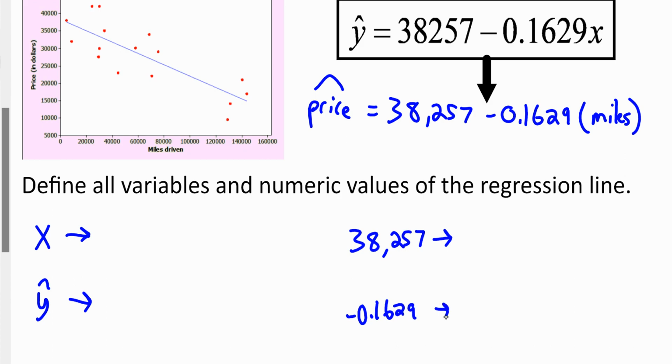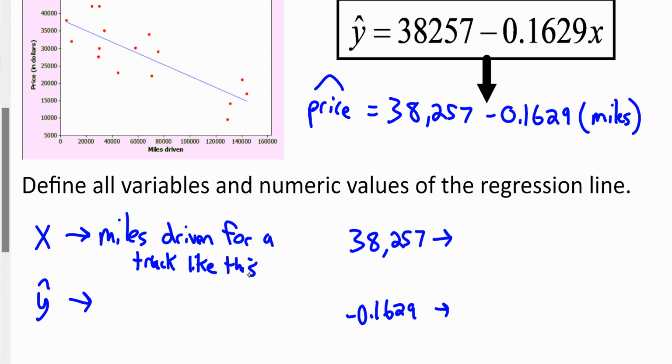So what is x? x is the explanatory variable. It is the number of miles driven for a truck like this. I'm not going to write out the used Ford F-150 4x4 Super Crew.